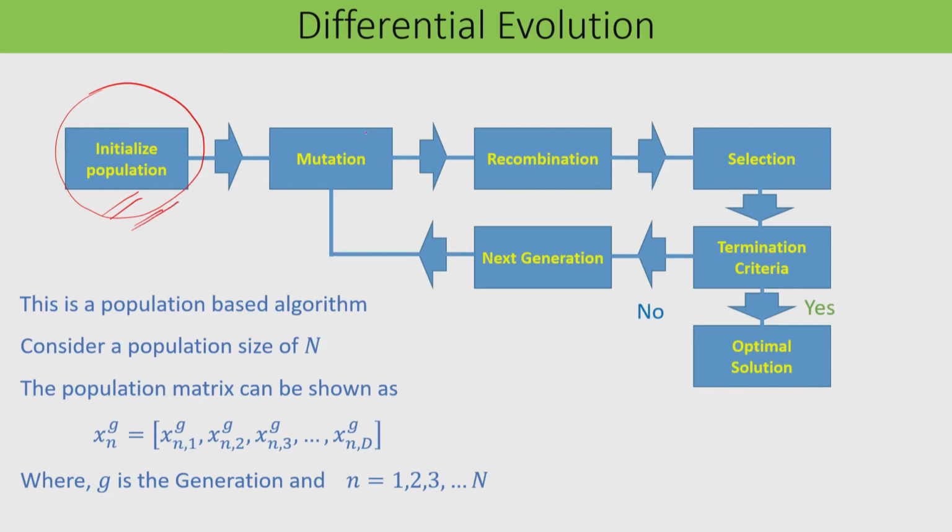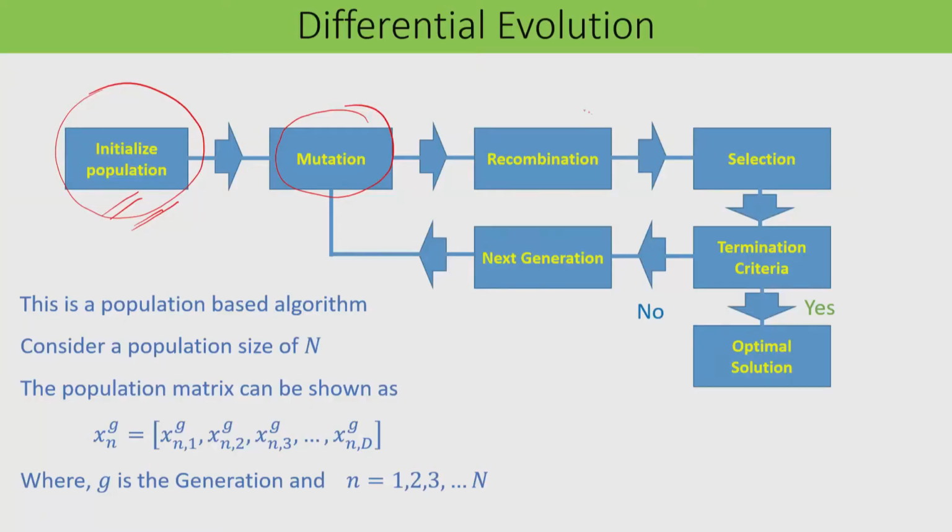Now, after that we are creating or mutating the solution. This mutation is different from what we have discussed in case of genetic algorithm. The mutation process is different, but the objective is the same, that I would like to create a new solution.